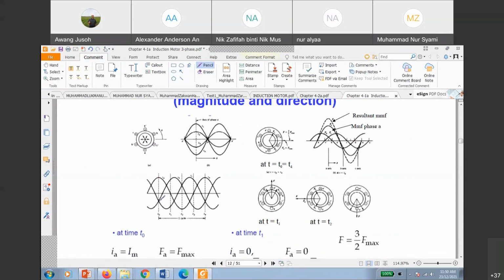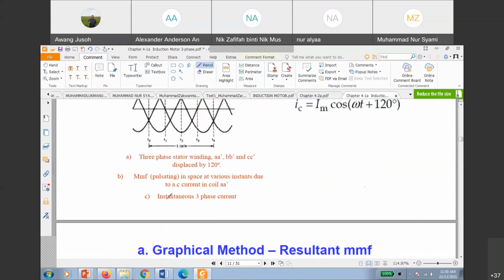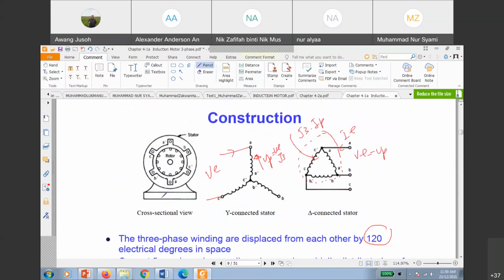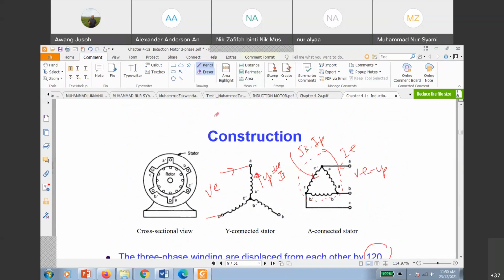So this point, T naught. What happened? IA is positive maxima, IB negative half. Its value is half of the maxima. IC is also negative. That means if you see this conductor here, IA is positive, so positive means the current enters this point.